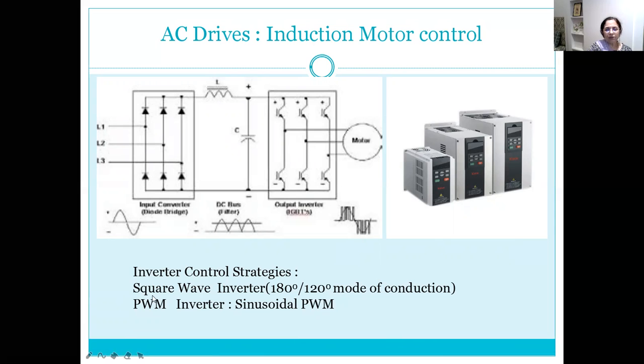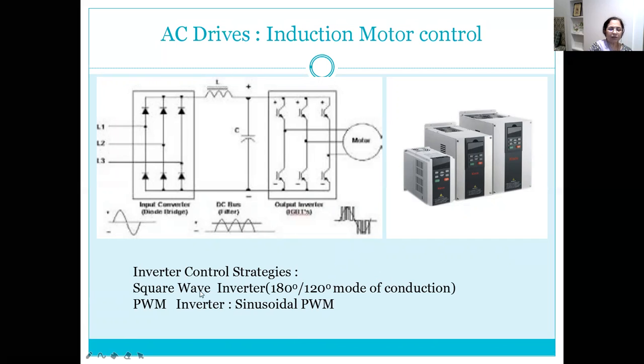Typically used strategies are square wave inverter control, where we have studied that 180 degrees or 120 degrees mode of conduction is achieved for operation of these control elements. Then the motor receives alternating voltage, but it will have a rectangular or square waveform.